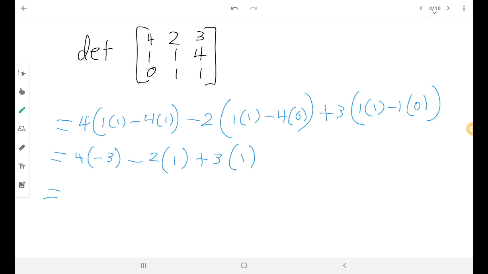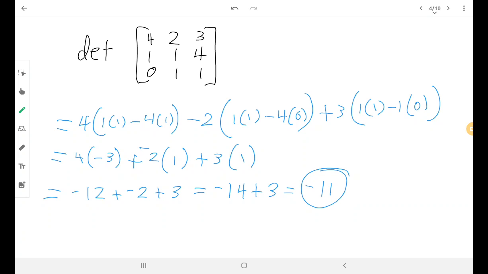And let me change the minus to a plus negative, and we've got negative 12 plus negative 2 plus 3, which is negative 14 plus 3, which is negative 11. All right. So that's getting 3 by 3 matrix determinants. And I'll give you a moment to look at that.